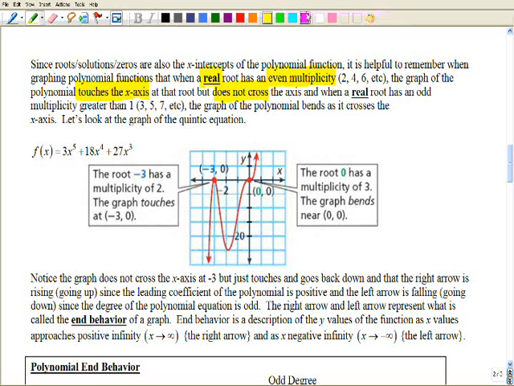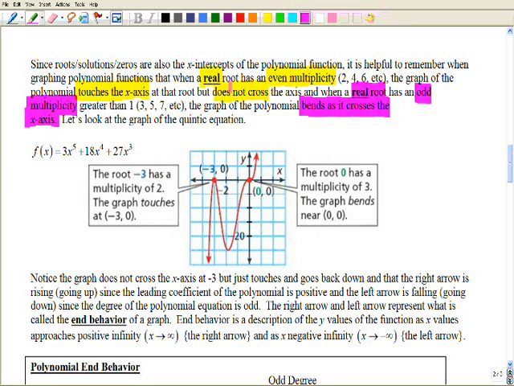And when a real root has an odd multiplicity greater than 1, for example 3, 5, 7, etc., the graph of the polynomial bends as it crosses the x-axis.